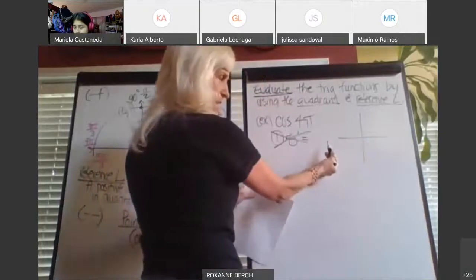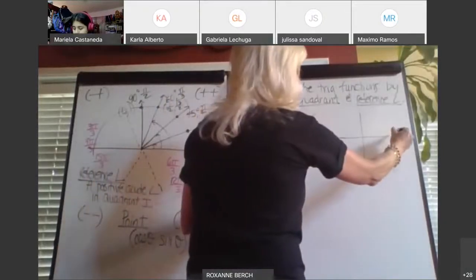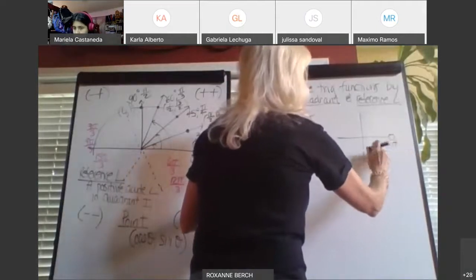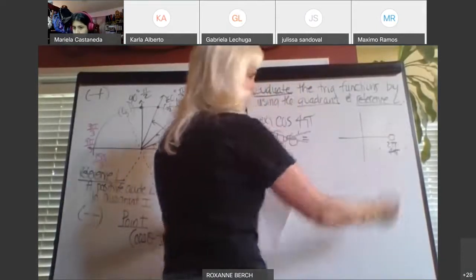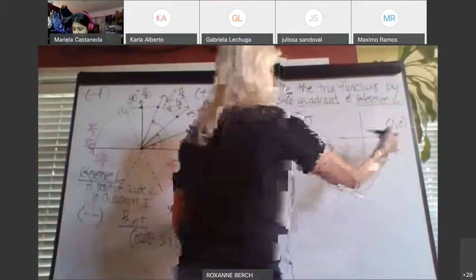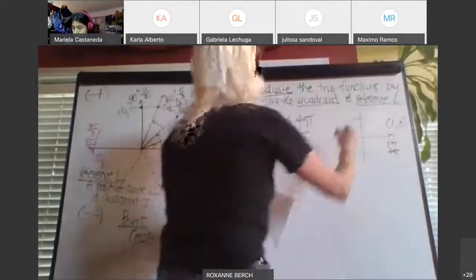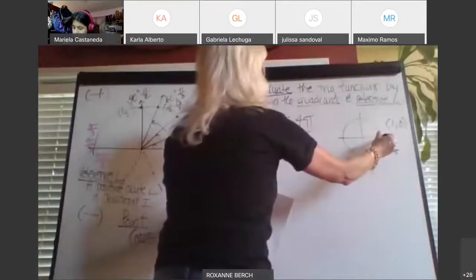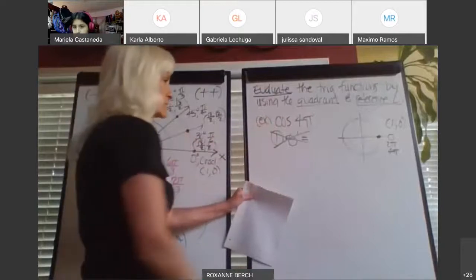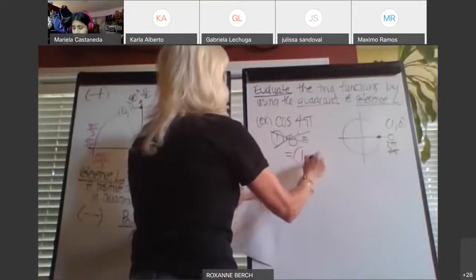All the evens are over here, right? Over on this side. So this would be 0, 2 pi, 4 pi. Well, what's the order here? Isn't it right 1, 0? Well, what's the x value? 1.